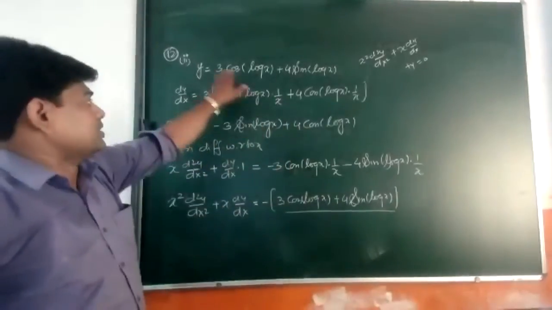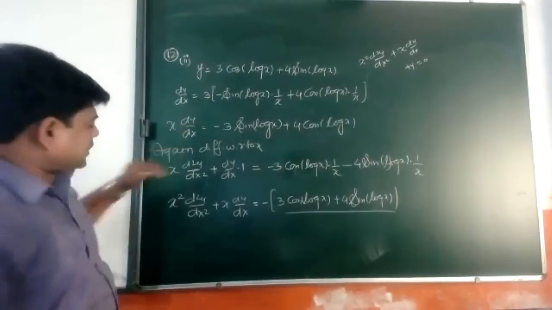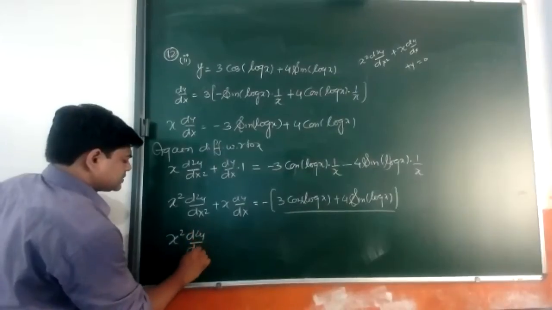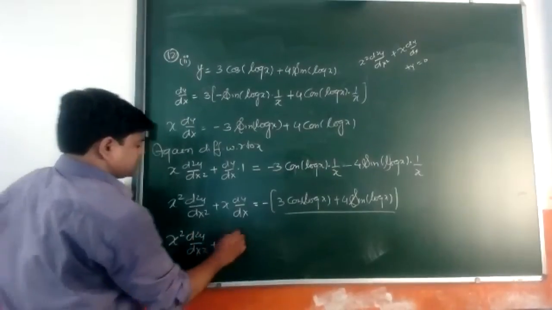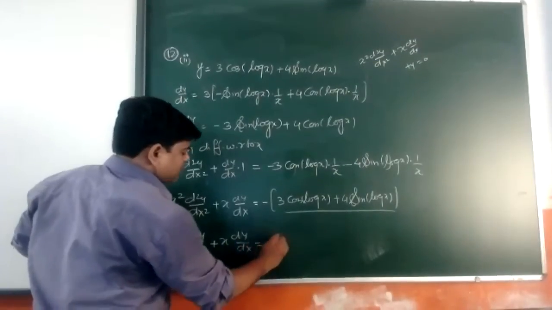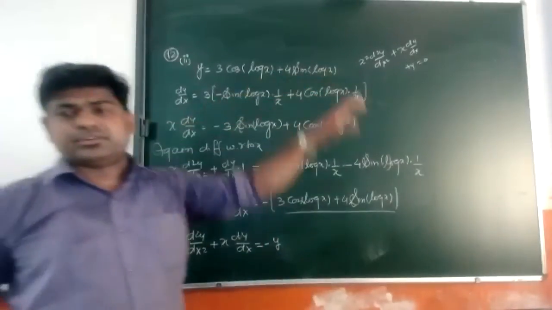Sorry, this is y. So when I take it y, it is x square d2y by dx square plus x dy by dx is equal to minus y. When I transpose this y to this side, I'll get our result.